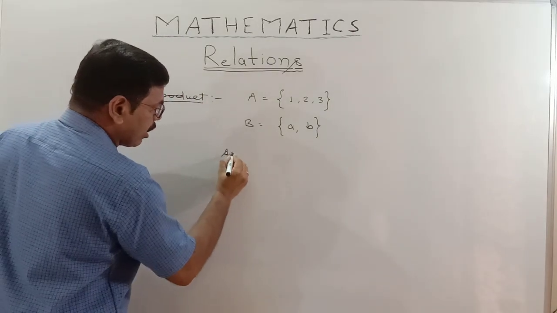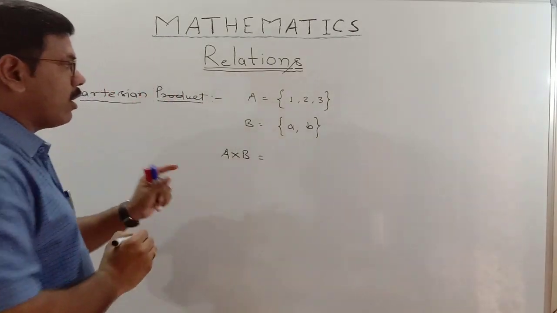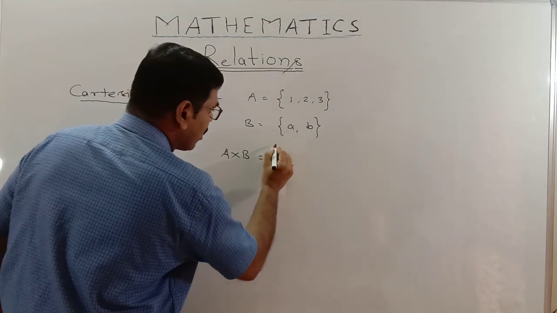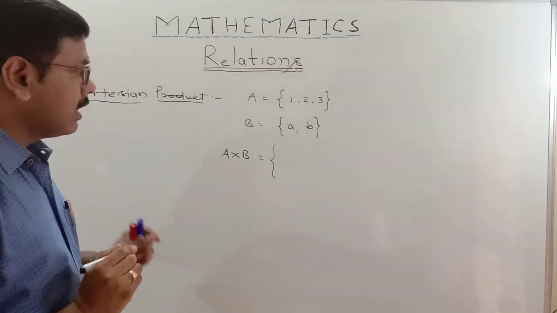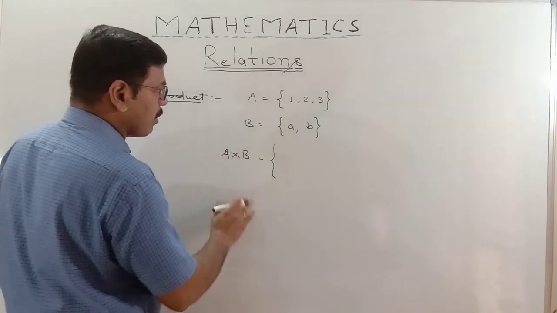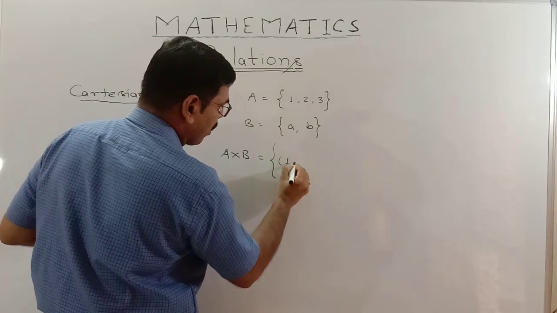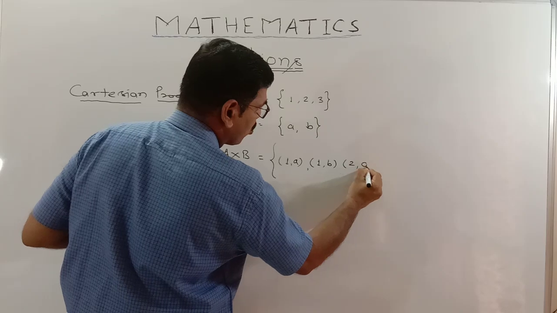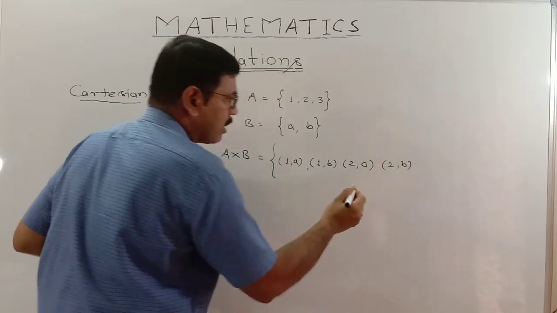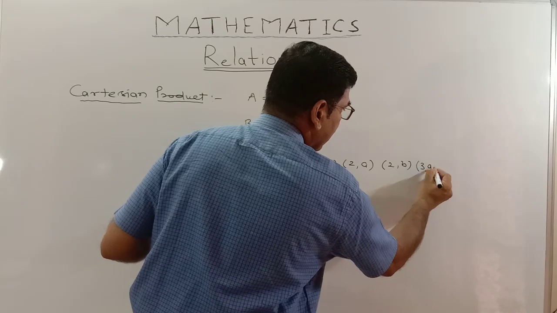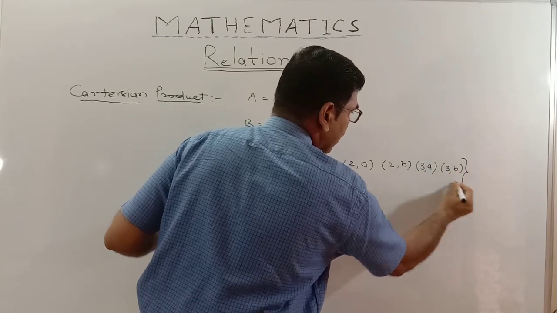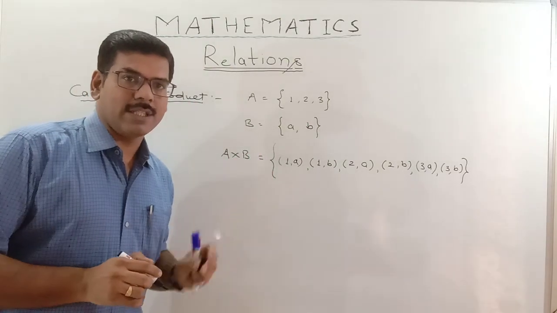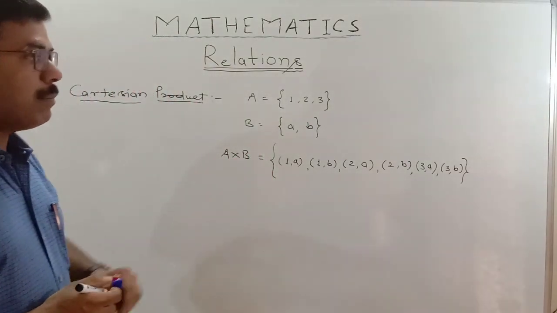Then A cross B is called the Cartesian product of the two sets, and it is represented by ordered pairs like this: (1,a), (1,b), then (2,a), (2,b), then (3,a), then (3,b). It is the set A cross B. It is called the Cartesian product of A and B.